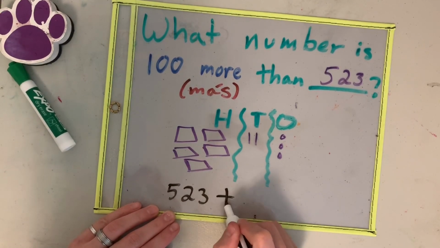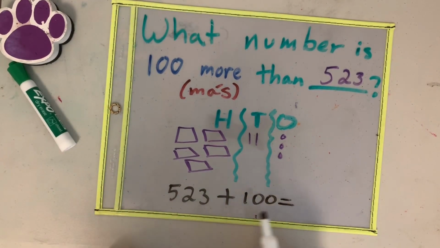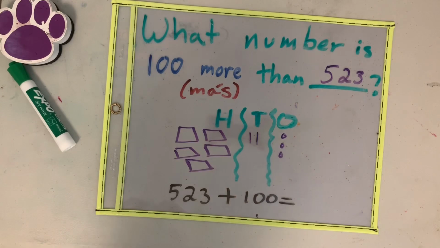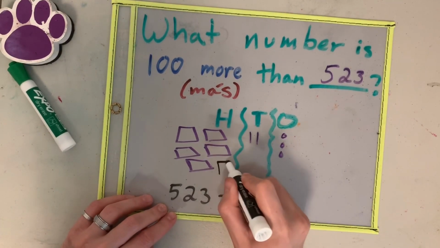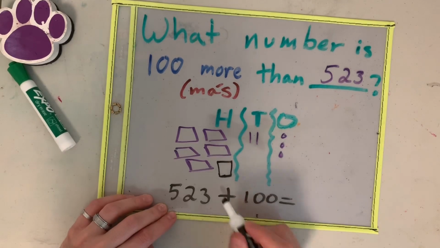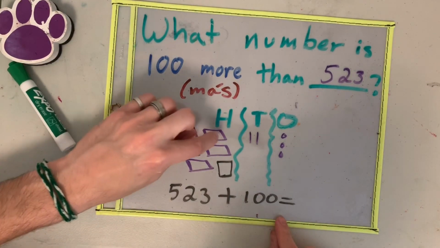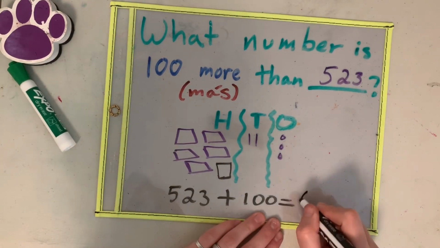523 plus 100. Now, I have 100. So I need to add 100. Which one of this is the hundredths place? The H is the hundredths place. So I'm going to draw another 100. How many hundreds do I have now? So I have 1, 2, 3, 4, 5, 6 hundreds now.